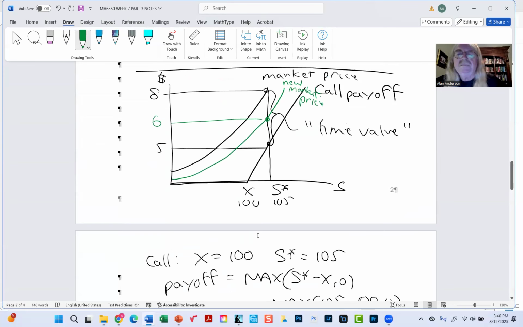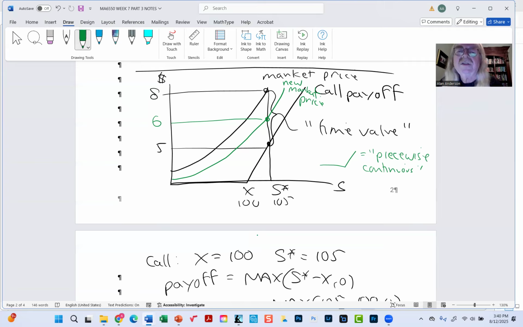Okay, so this curve, this payoff profile, is sometimes said to be piecewise continuous. There's two distinct regions, both of which have a distinct slope. And you can see that with this sharp kink here, if we were trying to take the derivative of this function, it would be undefined at that kink.